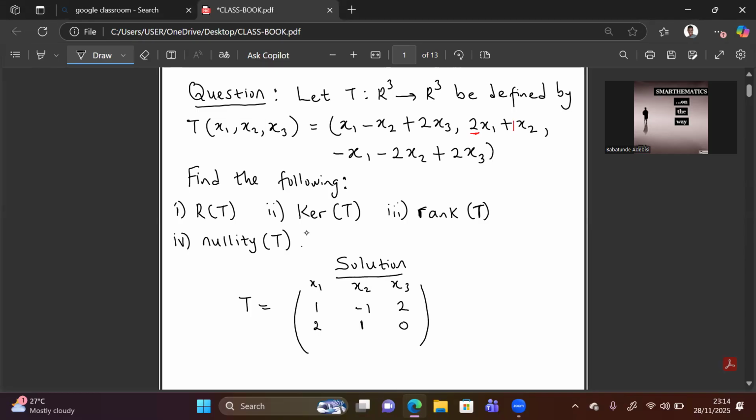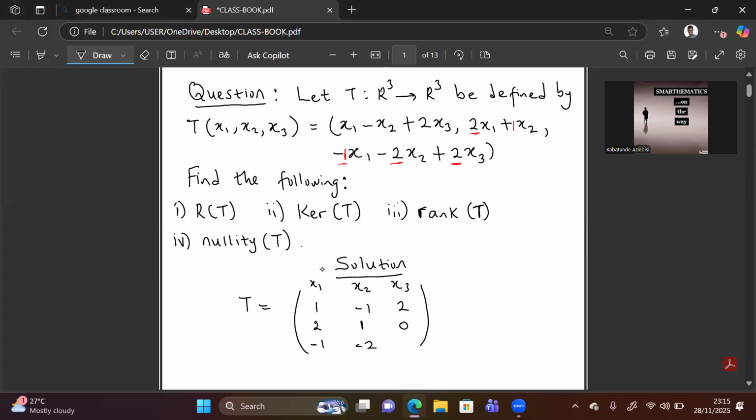So for the third one, now comma, the third one, we have minus 1 as coefficient of x1 here, minus 2 as coefficient of x2, and 2 as coefficient of x3. So we're having minus 1, minus 2, 2.